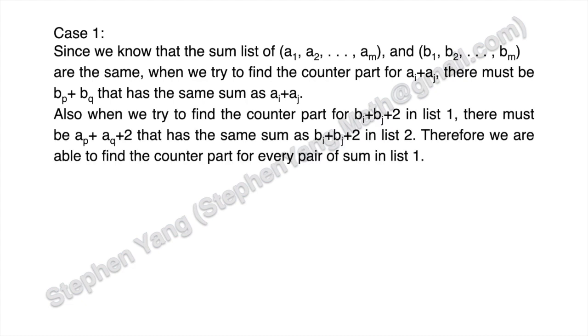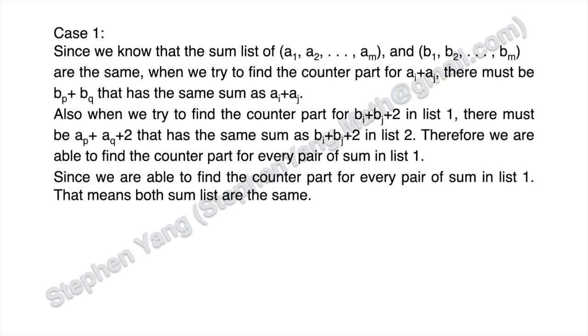Also, when we are trying to find the counterpart for bi plus bj plus 2 in list 1, there must be ap plus aq plus 2 in list 2 that has the same sum. And therefore, we're able to find the counterpart for every pair sum in list 1. Since we're able to find the counterpart for every pair sum in list 1, that means both sum lists are the same.